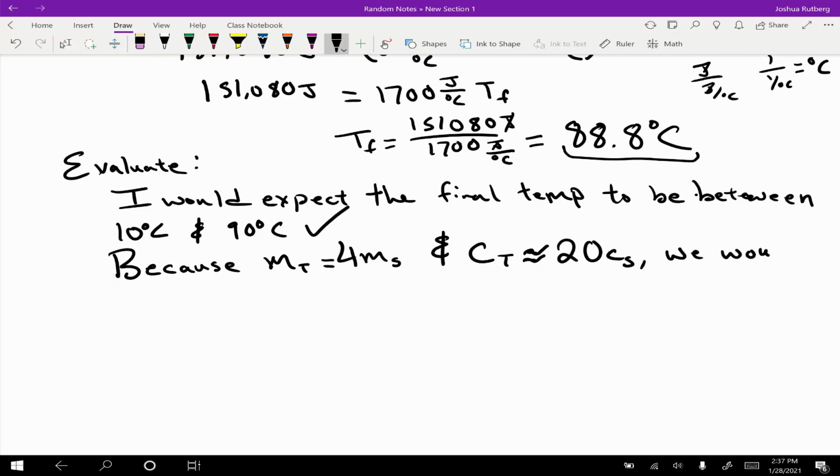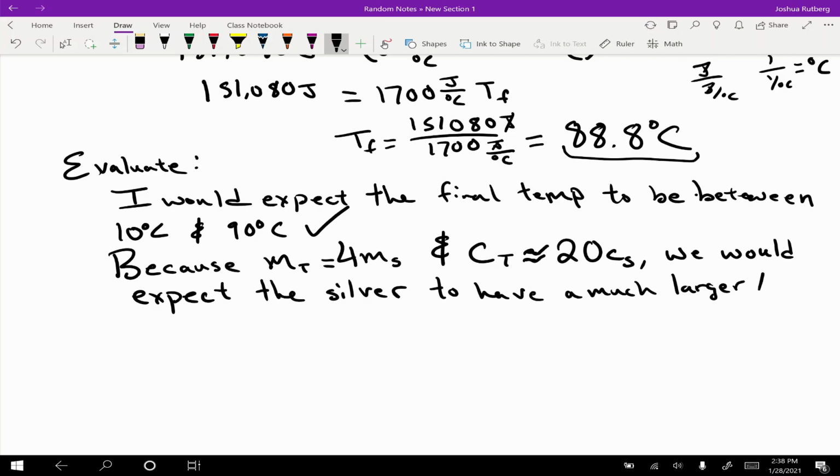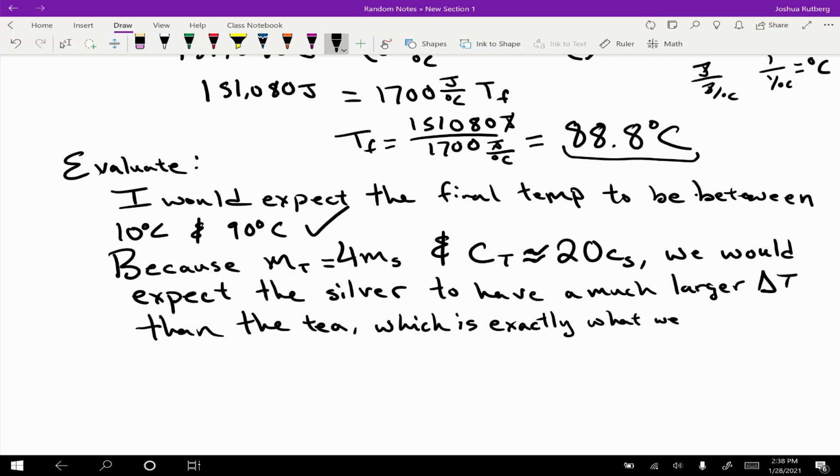We would expect the silver to have a much larger temperature change than the tea. And that's exactly what we see if the temperature is so close to the initial temperature of the tea. So that is exactly what we found.